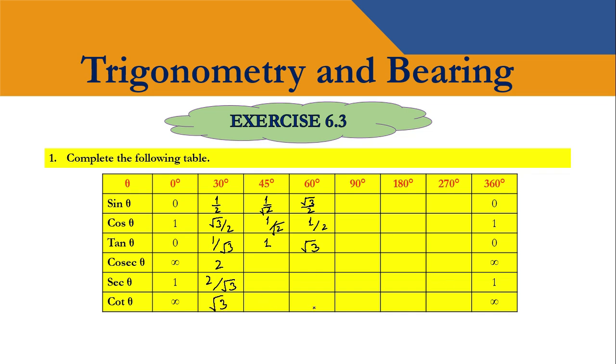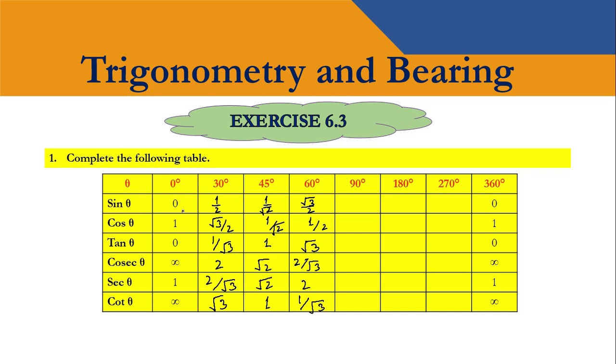Similarly, I will fill the other two lines. So cosecant theta, the reciprocal: under root 2, under root 2 and 1. Here the reciprocal of sine theta, 2 over under root 3, the reciprocal of cos theta, 2, the reciprocal of tan theta, 1 over under root 3.